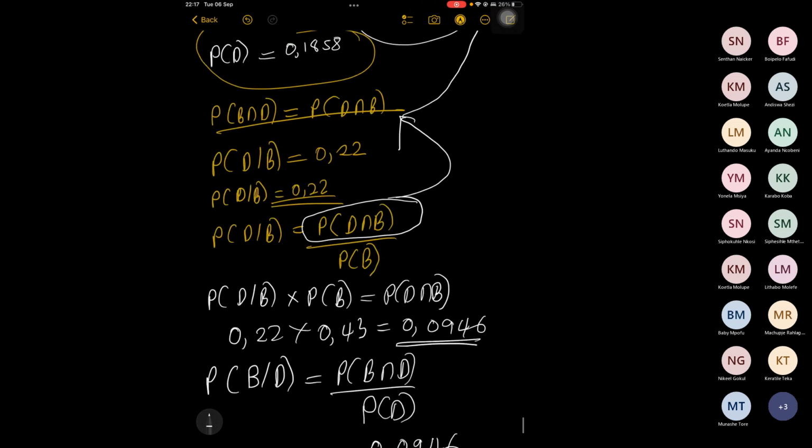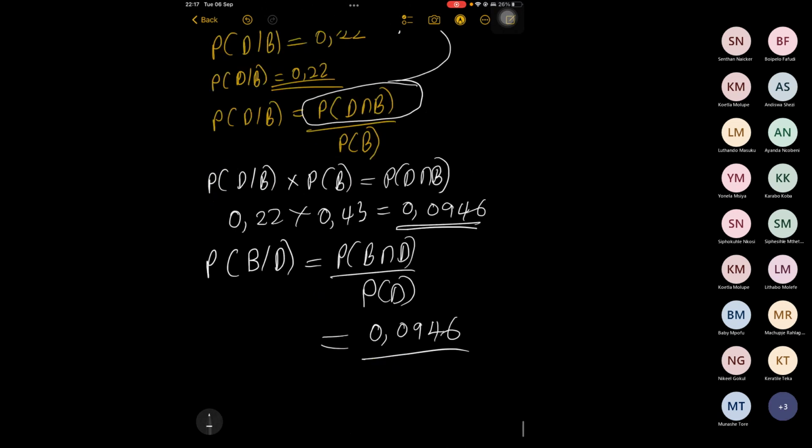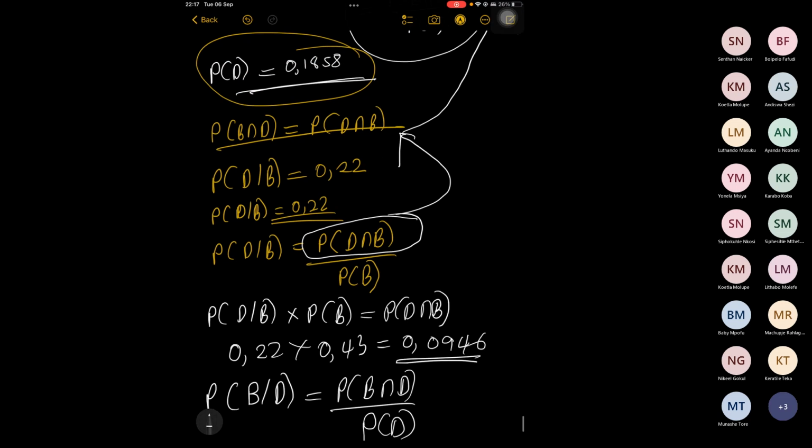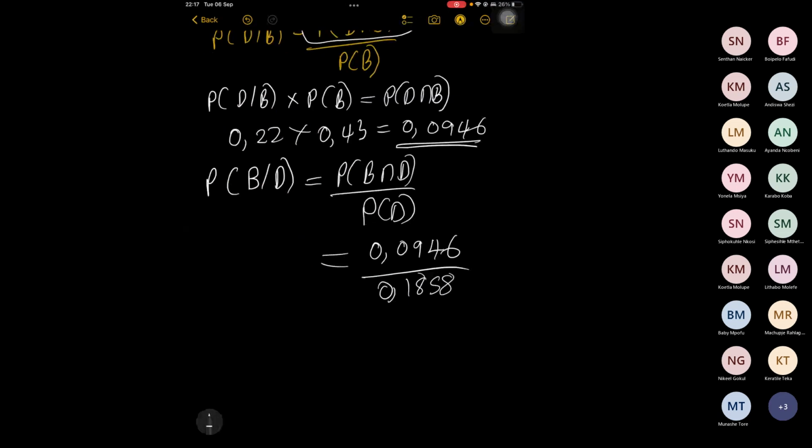It's actually what we've calculated here, which is 0.1858. So 0.0946 divided by 0.1858, then your answer will be 0.509149496 and so on. Then that's how you do it.